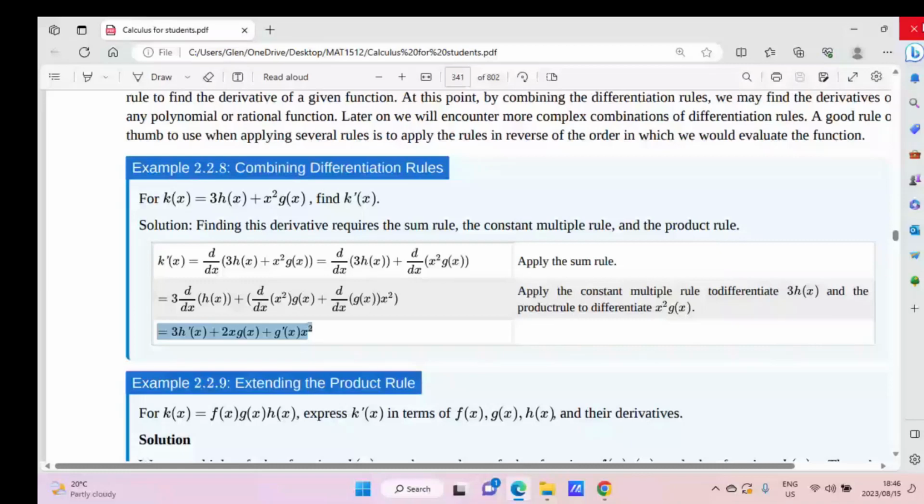Since they are products, you can separate them by multiplication. Each and every function has to have a prime of one function multiplied by the rest of the functions, added to the prime of another function multiplied by the rest, and so on. So the product rule has no limits.